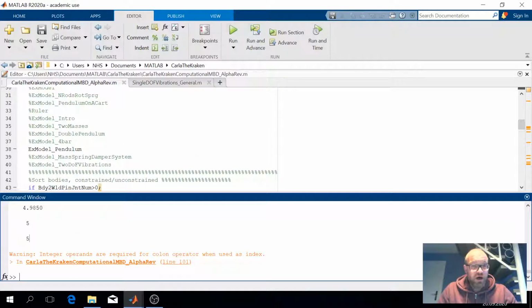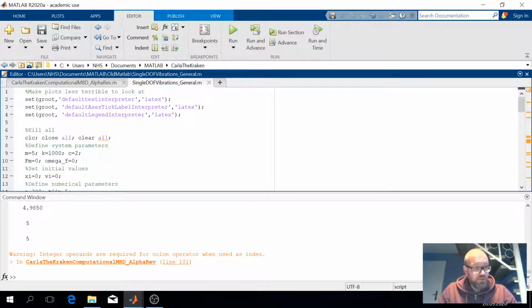Now, if I move on to the vibration code I gave you in the lecture notes here, where I just numerically integrate the dynamic equilibrium of a simple mass spring damper system, then I could do a little bit of graphics at the end, not particularly high level.